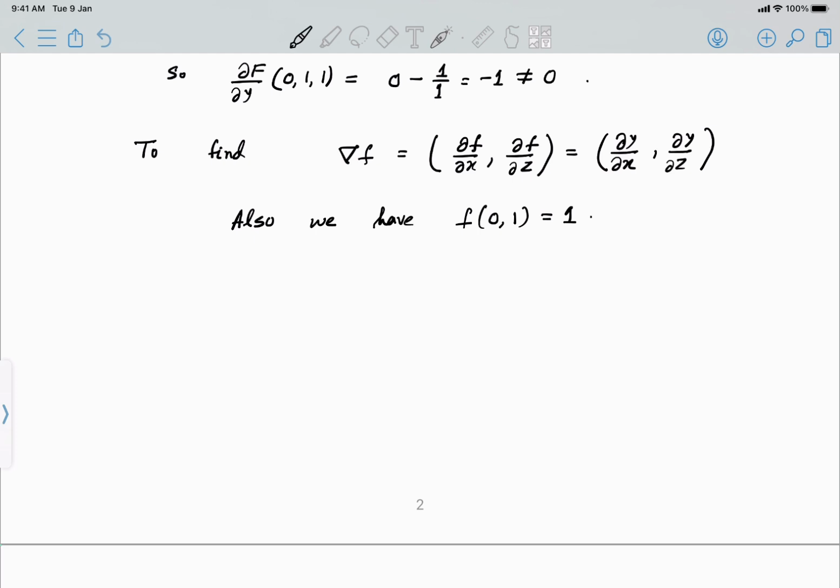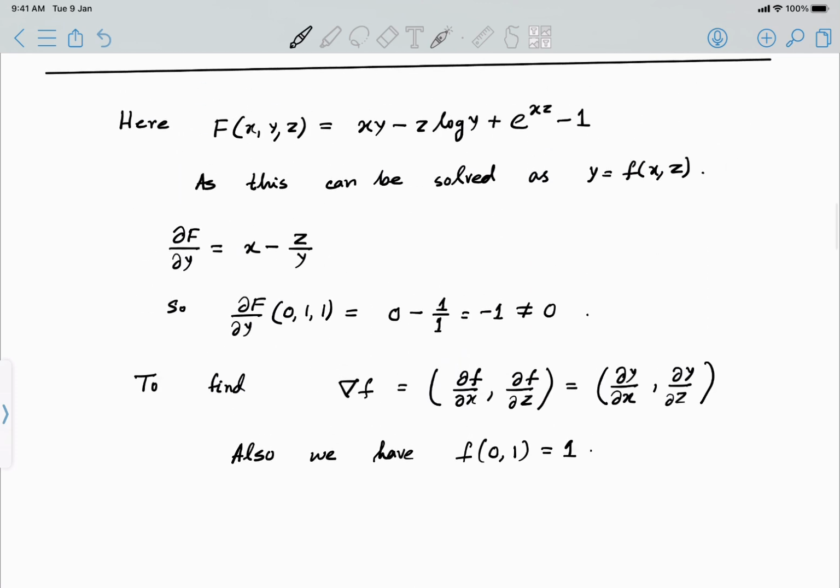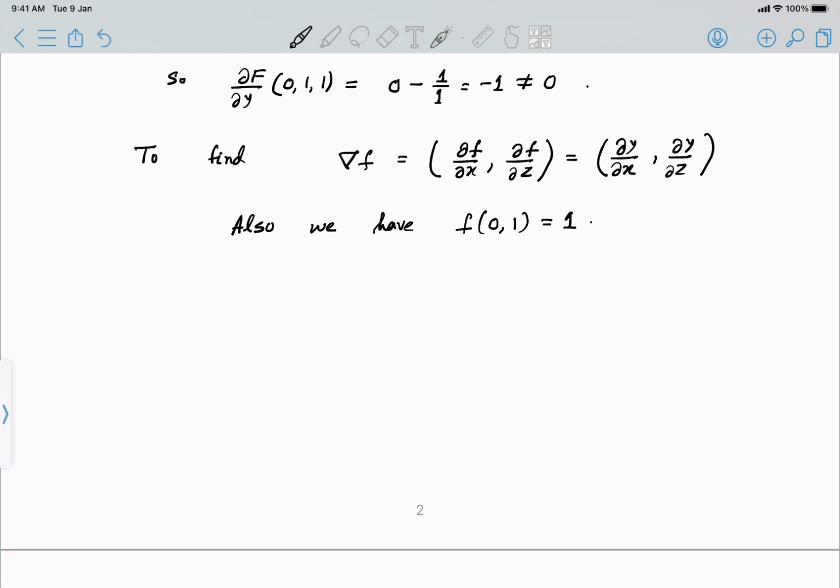So what is the equation we have? This is the equation we have: xy minus z log y plus e to the power xz equals 1.